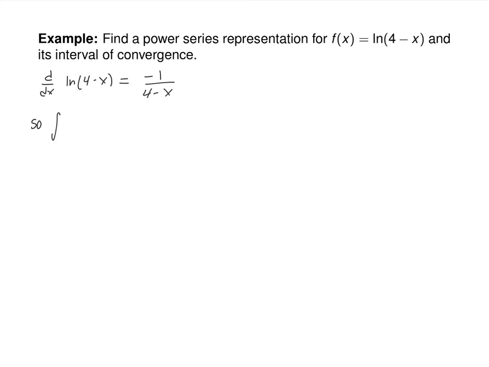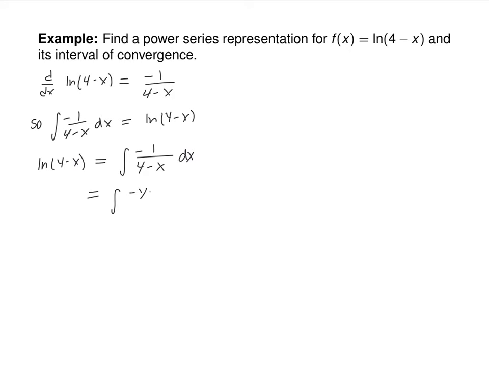So the antiderivative of negative 1 over 4 minus x will equal ln of 4 minus x plus some constant c to be determined. So we'll say, well, ln of 4 minus x equals the integral of negative 1 over 4 minus x, which we can find a power series representation for.